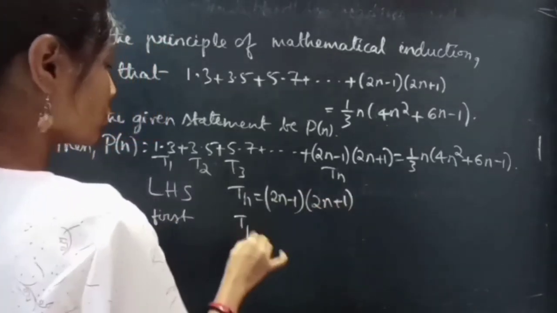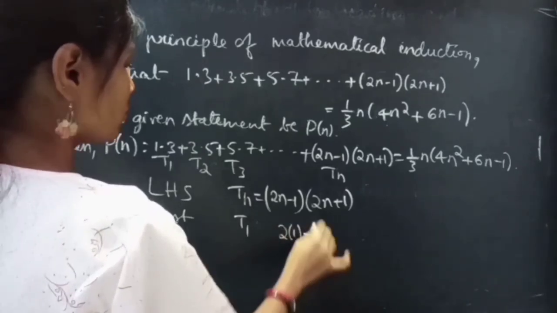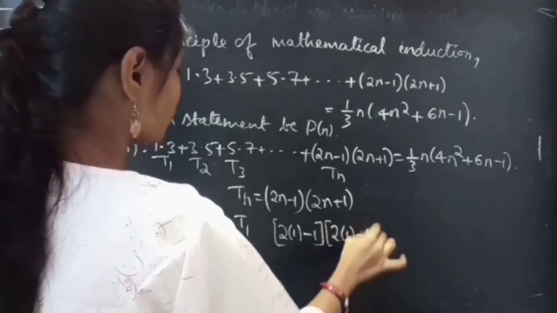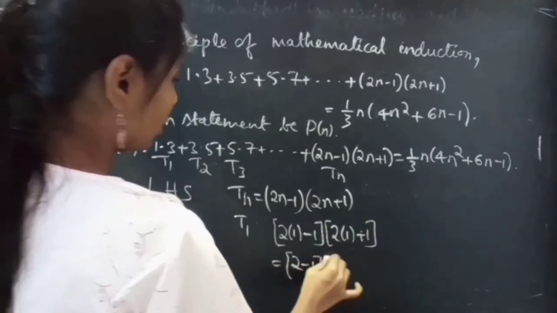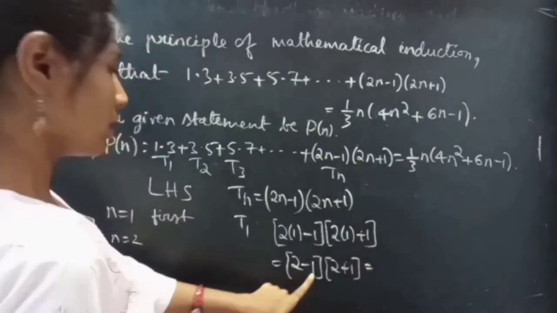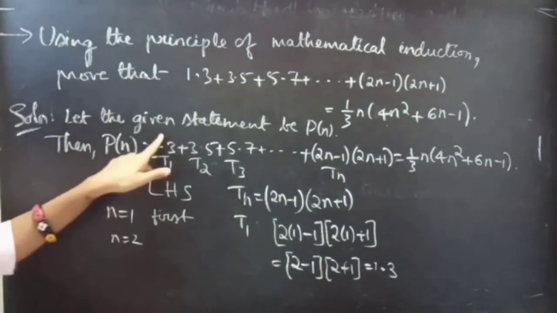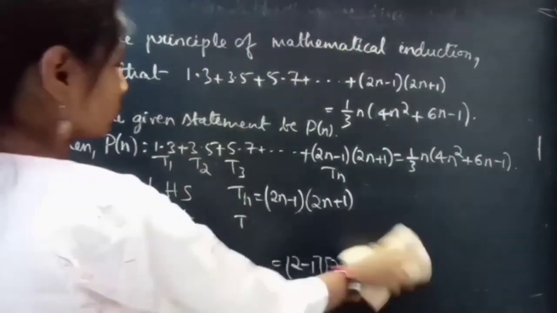If you put n equals 1, then you'll get t1. See? (2 into 1 minus 1) into (2 into 1 plus 1), which is equal to (2 minus 1) into (2 plus 1), which is 1 into 3. Okay? T1.